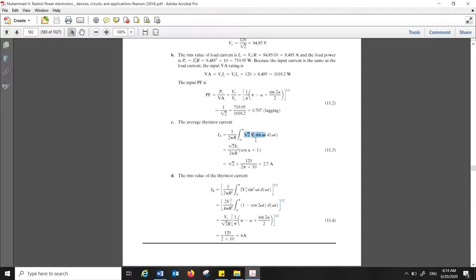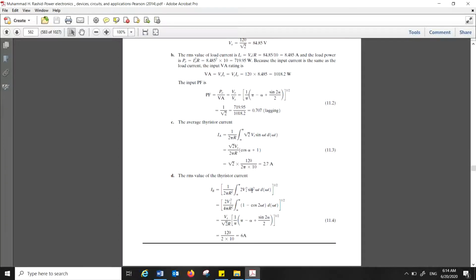You know how we calculate the average of a class: the sum of the marks obtained by the students divided by the number of students. Here it is the same. Since it's a current, we need the voltage divided by the resistance, and the average voltage can be computed from the range and the total range of voltage. For the RMS value of the thyristor current, we need to scale them up.